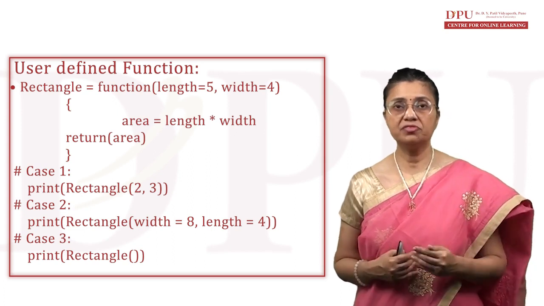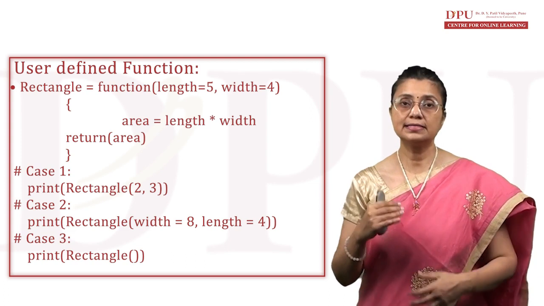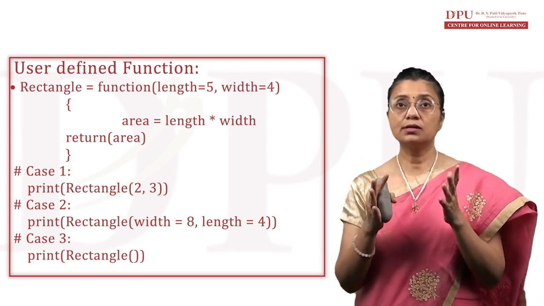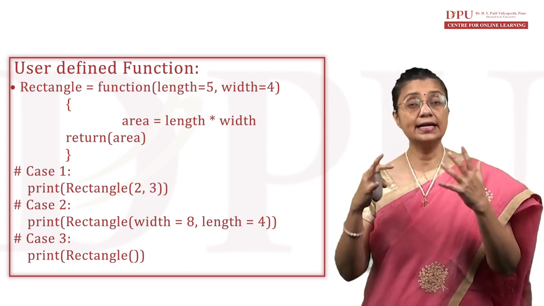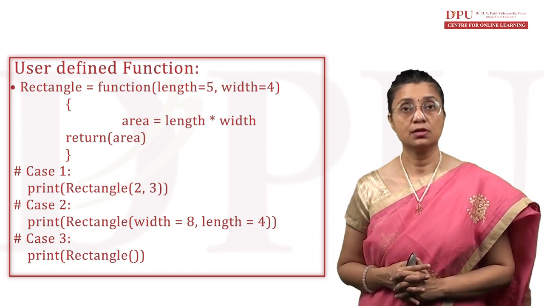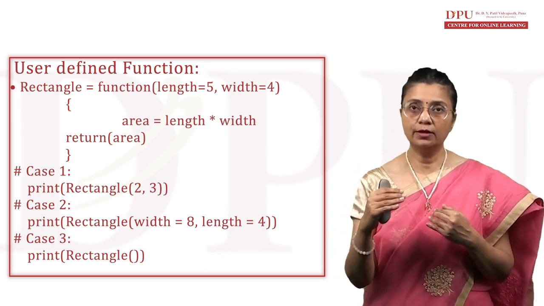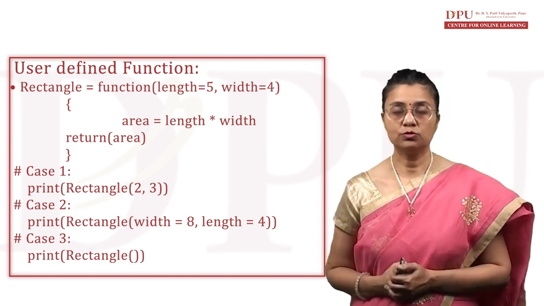Now, in the next line, if we see, there are three cases: case 1, case 2 and case 3. So you can see over here that by default, the values of length is 5 and width is 4, which is assigned at the time of function definition. But if in any case I am passing a value, then those values override the default values.